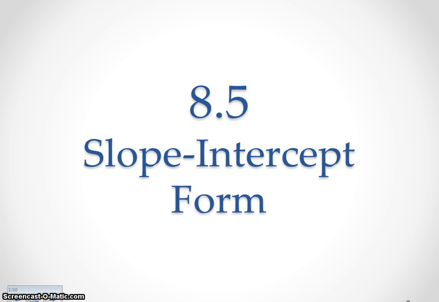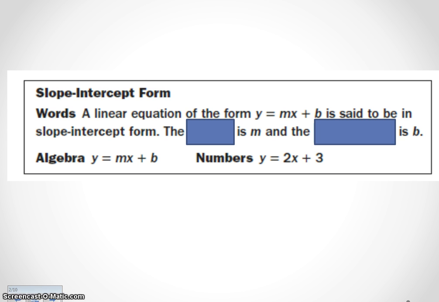8.5, slope-intercept form. A linear equation of the form y equals mx plus b is said to be in slope-intercept form.